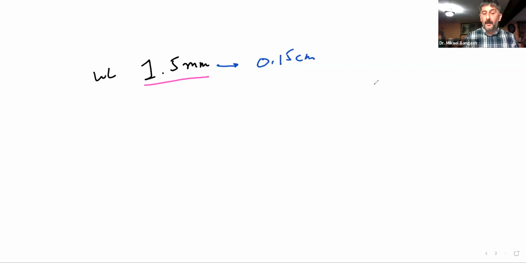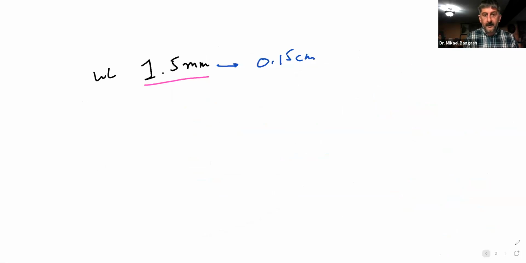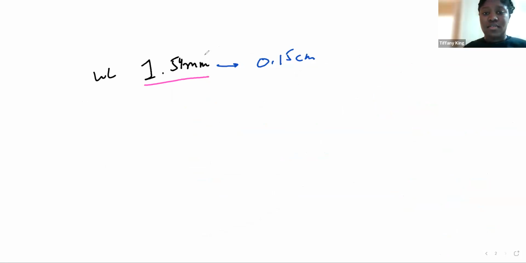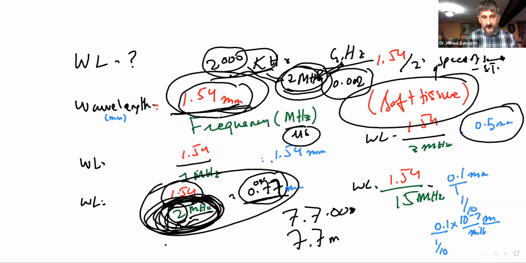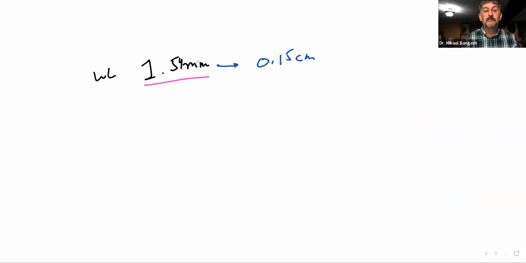Because listen, doing your math here, you determined that your wavelength came out to, let's say, this much. That's the calculation that you got from this equation here. Now you're looking for the answer that says 1.54 millimeters.